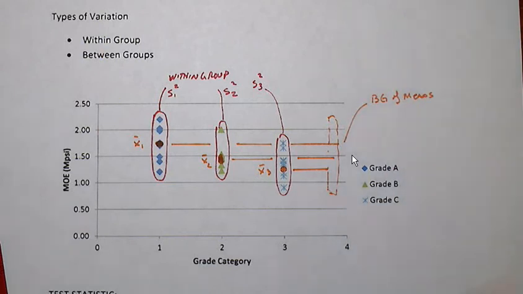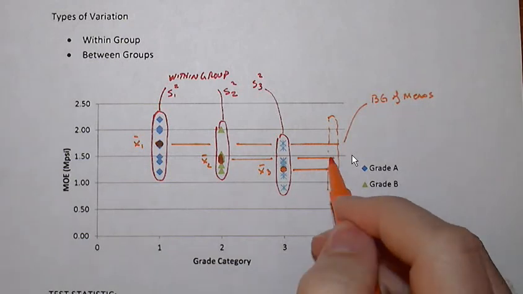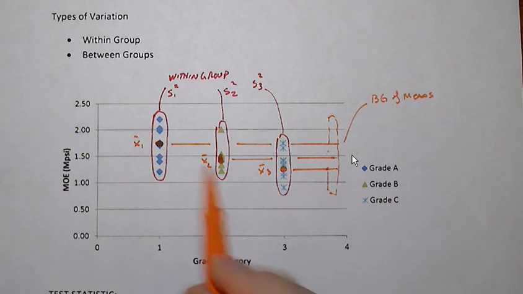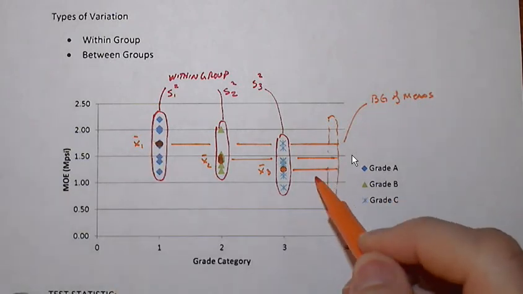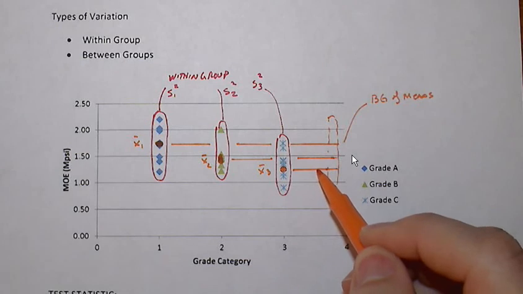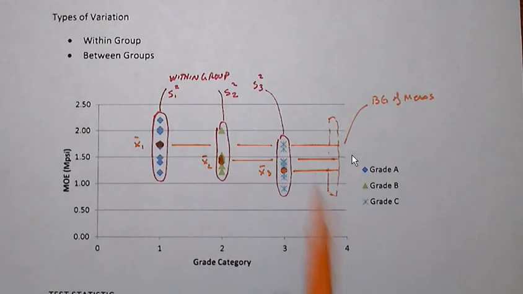We'll talk about pooling all that, or having a grand mean associated with all that, in just a bit. But the basic idea is that we've got variation within the group, and then we've got this variation between the sample means. The closer these are to each other, the more that goes back to our primary hypothesis, the null hypothesis that all the population means are the same.